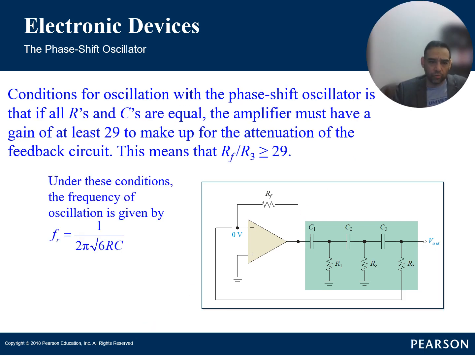And this is the formula I was trying to think of. Under these conditions, the frequency of oscillation is given by 1 over 2 pi times the square root of 6 times R times C. Let me make sure I said that correctly: 1 over all of that.